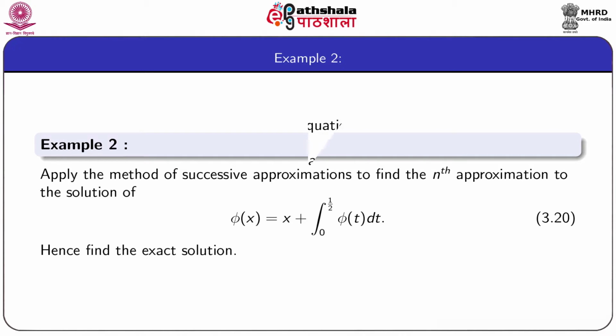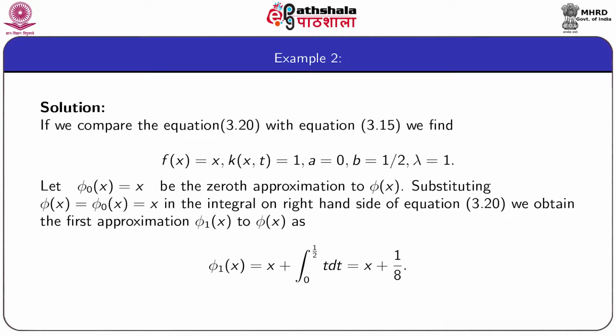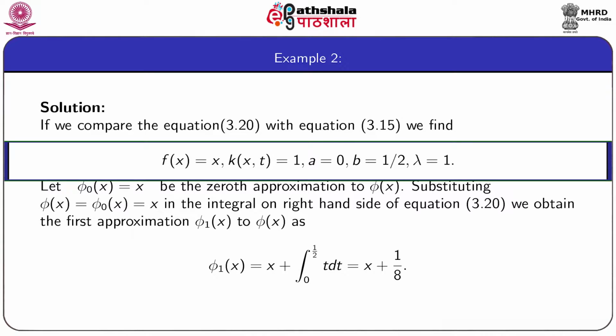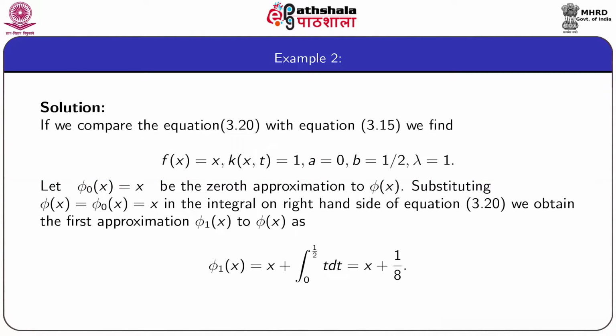Now, if I compare this equation with the given integral equation, we see that in this case the forcing function is f x equal to x, the kernel is equal to 1, and a is equal to 0 and b is equal to half, where a and b are the lower and upper limits of integration, and the parameter lambda is equal to 1.